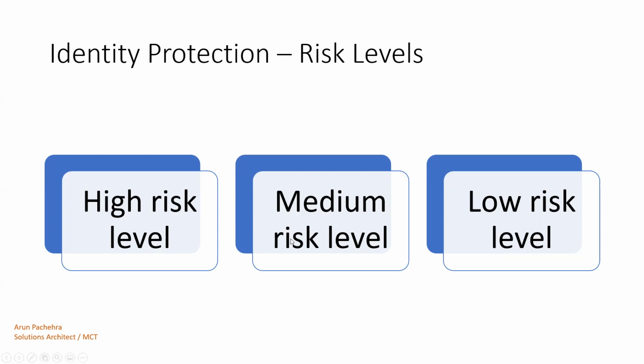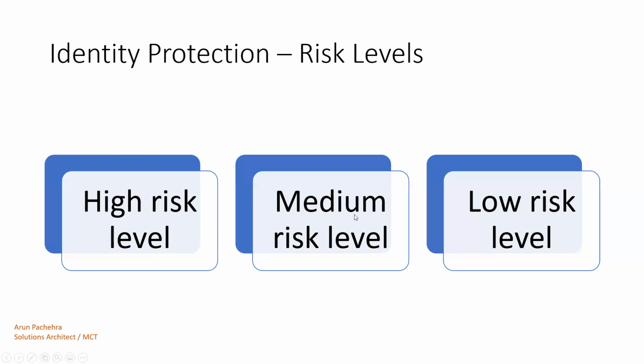Medium means that there is a potential risk and any user accounts impacted should be remediated, but the urgency is a bit lower as compared to high risk. In the case of low risk, immediate action may not be required, but when combined with other risk detections, it may provide a strong indication that the identity has been compromised.